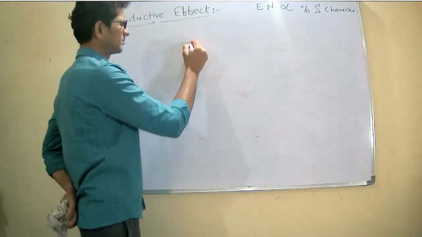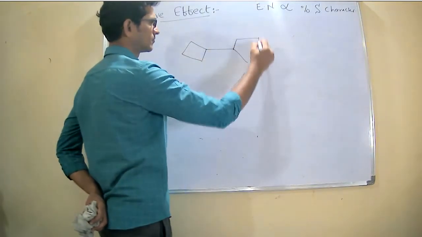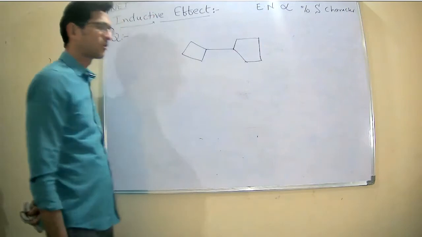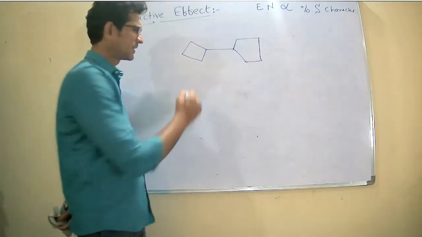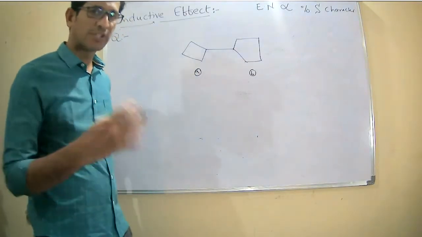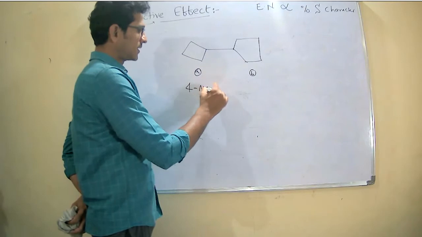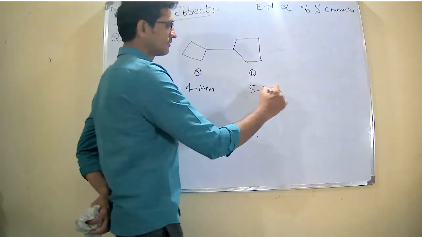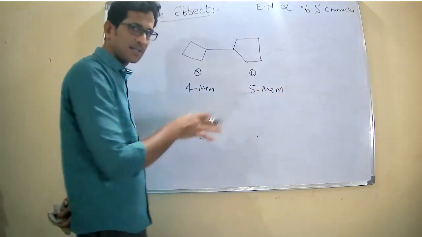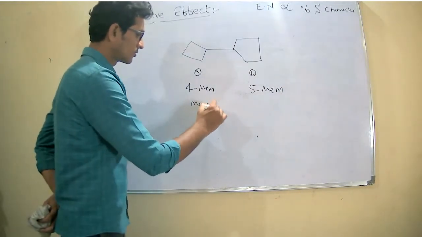For example, you have a question like this, same A, B: which is the more electron withdrawing group? This is 4-membered and this is 5-membered. Smaller size is more electronegative.